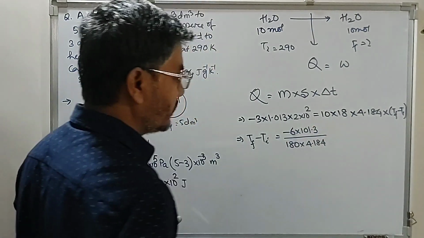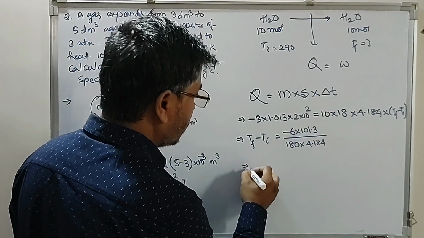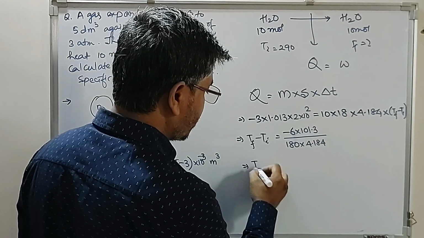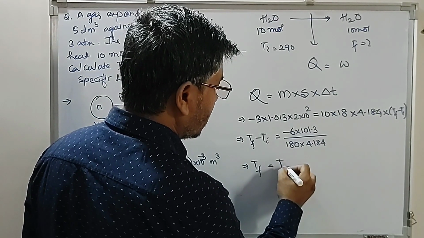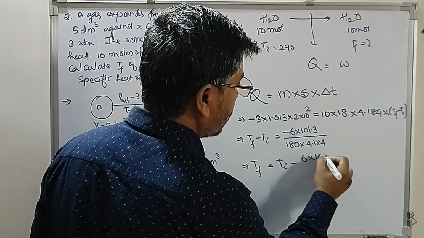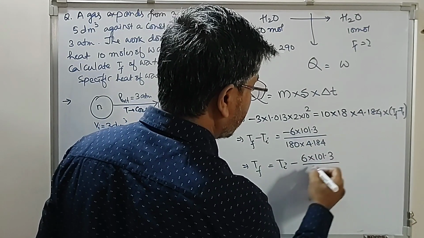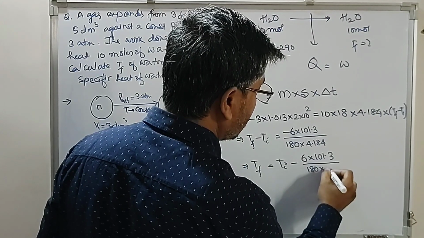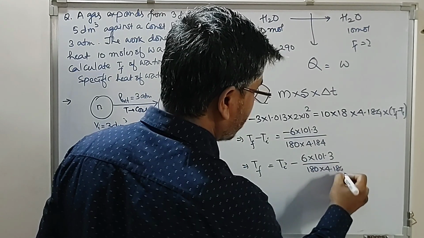This is the difference in temperature. Therefore the final temperature is equal to initial temperature minus 6 into 101.3 divided by 180 into 4.184.